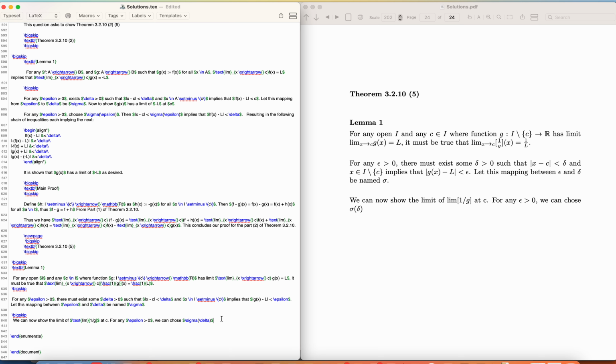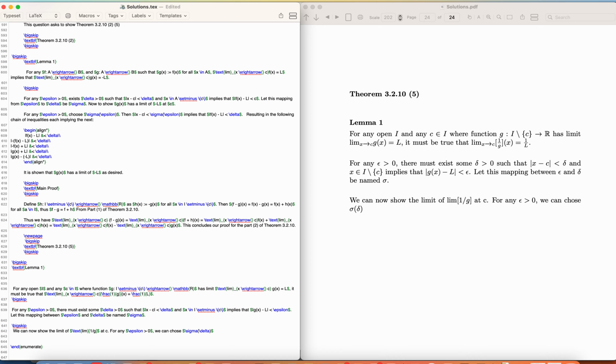Actually, I think this might be a bit trickier than I thought it would be, because you must show that, for example, 1 over g(x) minus 1 over L is within a certain limit, within epsilon. But I don't think that's so easy to show. So let me write some quick scratch notes regarding that.